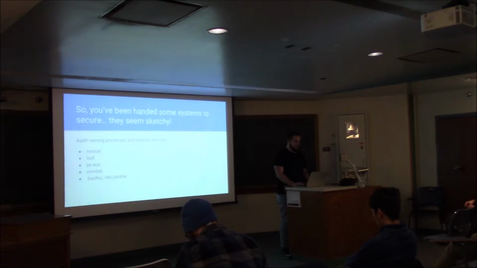So after you've audited all of these, now you want to go and look at your users and groups. /etc/passwd, /etc/group, these are where your users and their information are stored. File permissions are another big one. Just here it says /etc, but really you want to check your whole box.